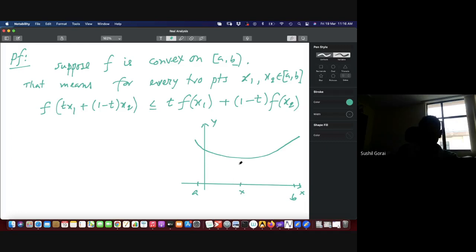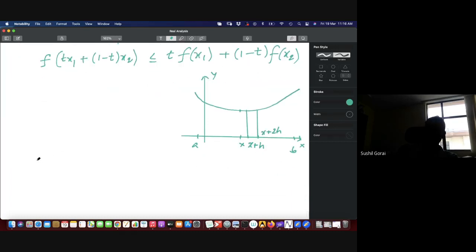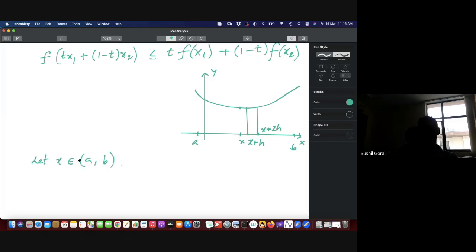Let's look at a point x here, and let's look at a small point in a neighborhood of x. Let's look at x plus h. Let's look at another point x plus 2h, right? And let us look at the corresponding values here, here. So let x belong to (a, b).